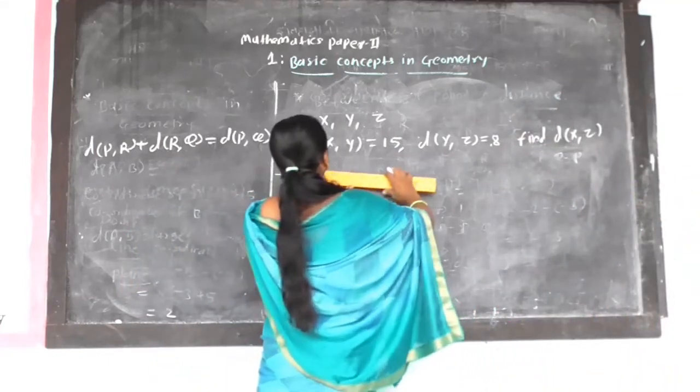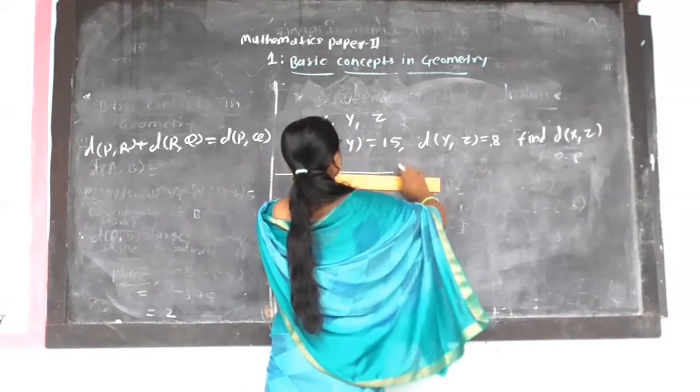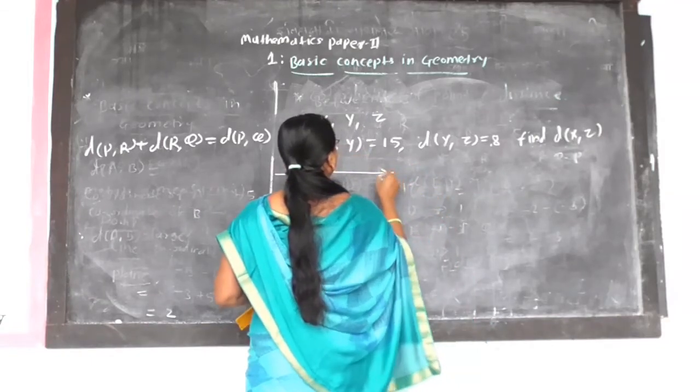X, Y, Z are collinear, and therefore we draw the figure.